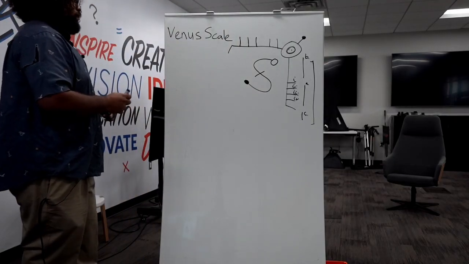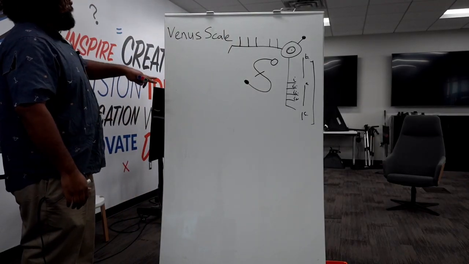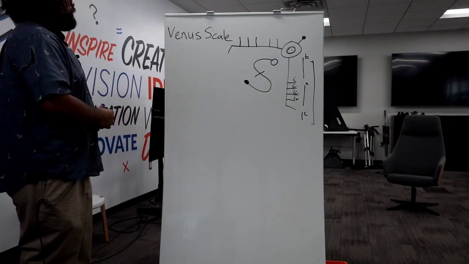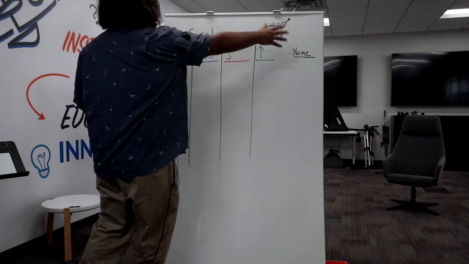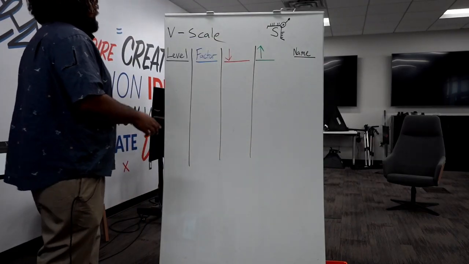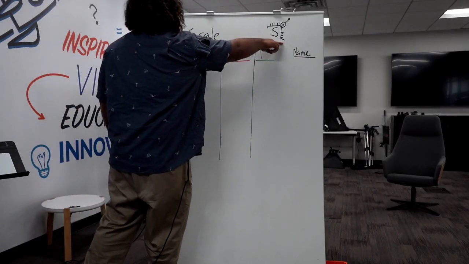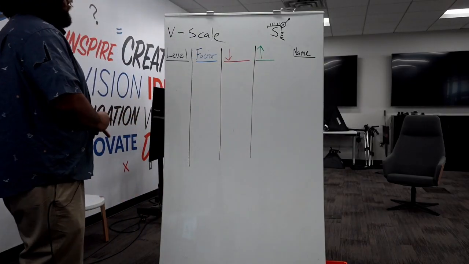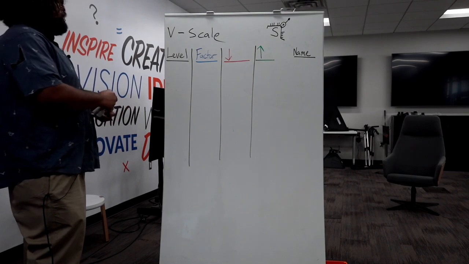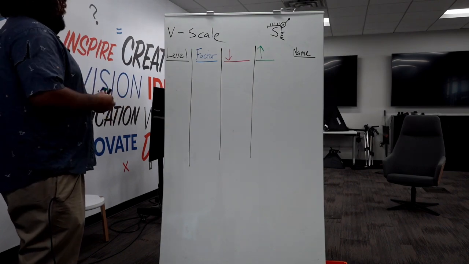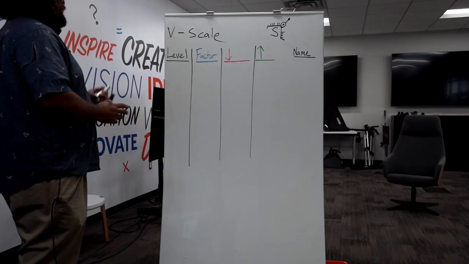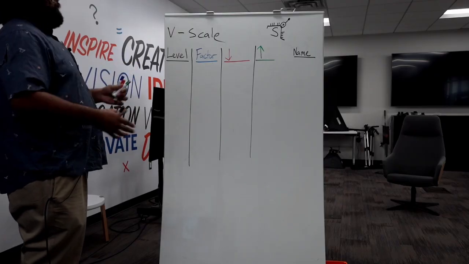What we're going to do is define the different levels of the Venus scale and talk about what happens in each. So now that we've gone through the entire behavioral index, to this sloping line and down to the special case, we're going to define everything on the V scale. So the V scale is all about pattern recognition. That's what you're left with when you get out to that level of complexity.